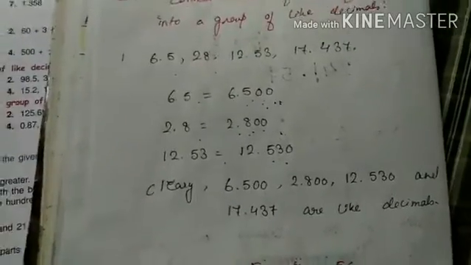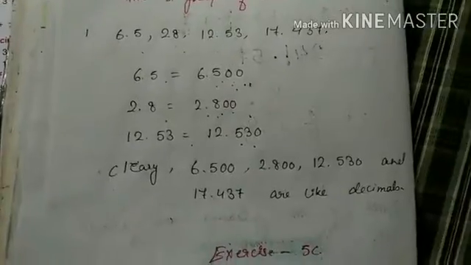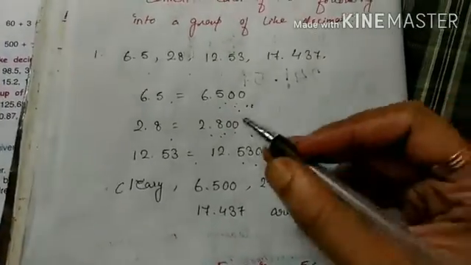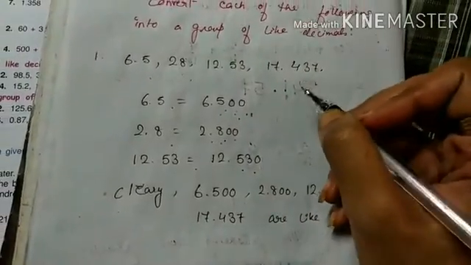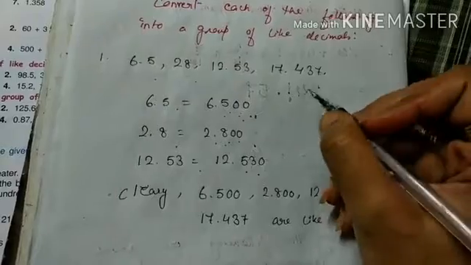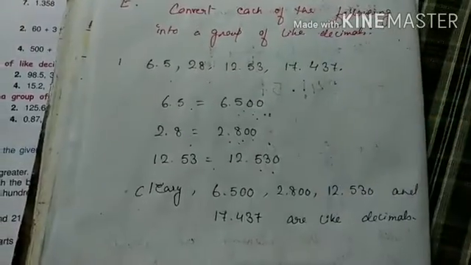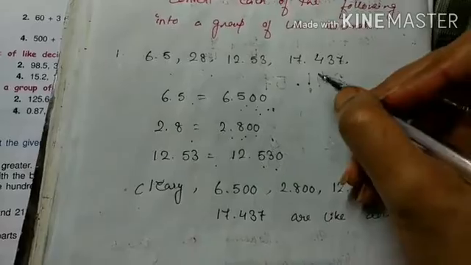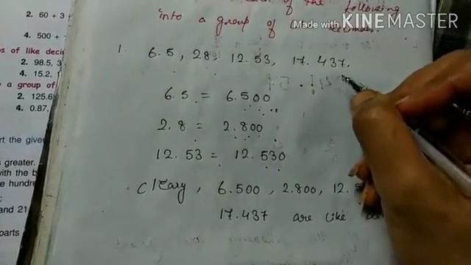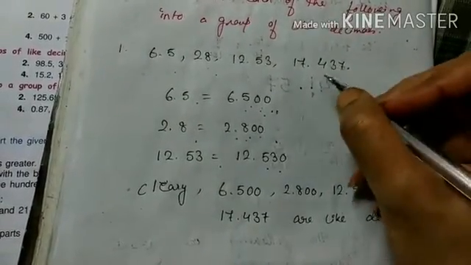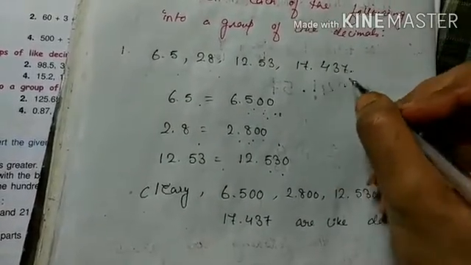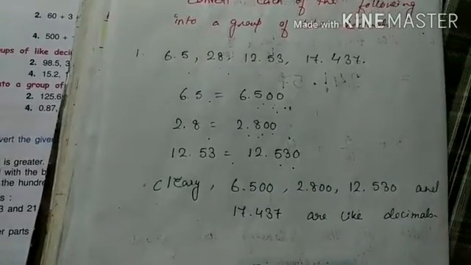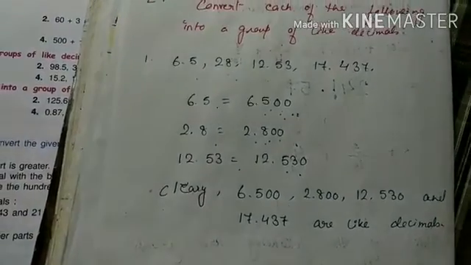To convert into like decimals, we have to see the maximum number of decimal places contained in the given group. Here 17.437 contains the maximum number of decimal places.